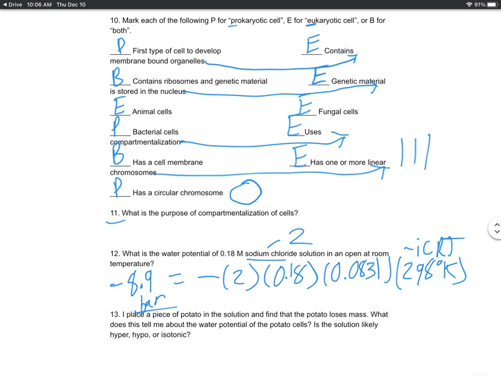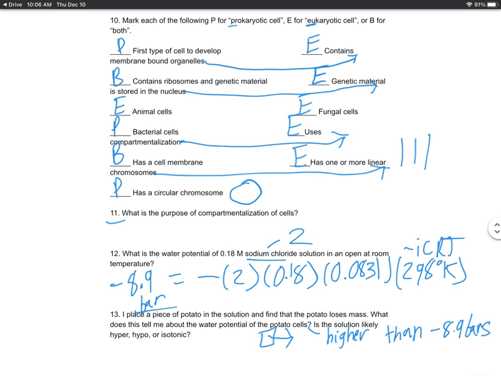If I place a piece of potato in the solution and find that the potato loses mass, what does this tell me about the water potential of the potato cells? So if the potato lost mass, that means that water went out of the potato, which means that the water potential of the potato cells must have been higher than negative 8.9 bars because water will move from high water potential to low water potential.